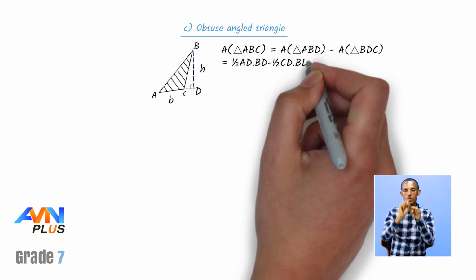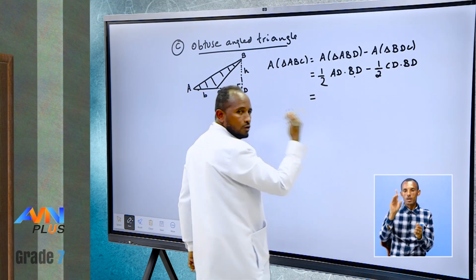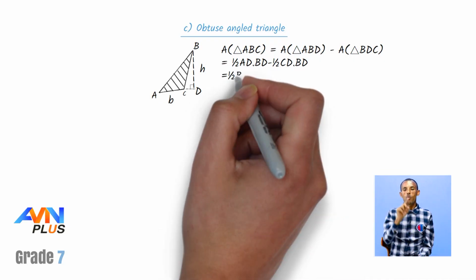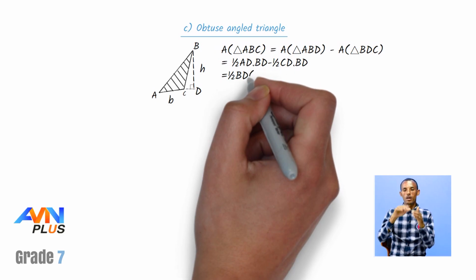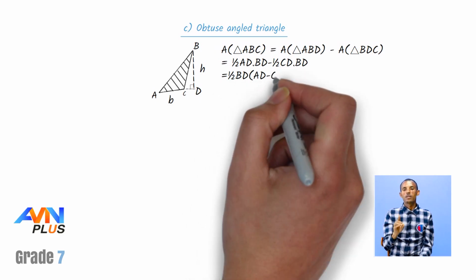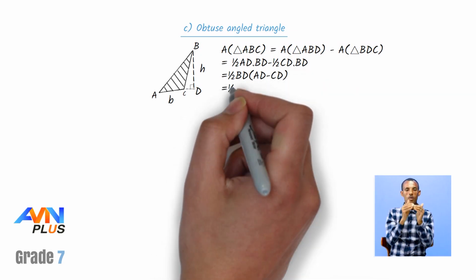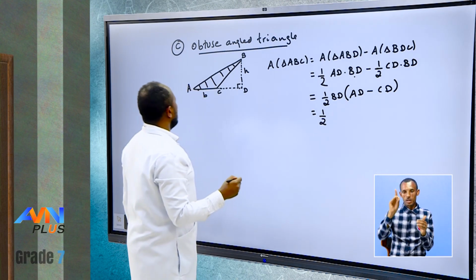So this will be equal to this. You can take the common factor. Half BD is common. So take half and BD outside, and you have AD minus CD. So this will be equal to half times length BD.